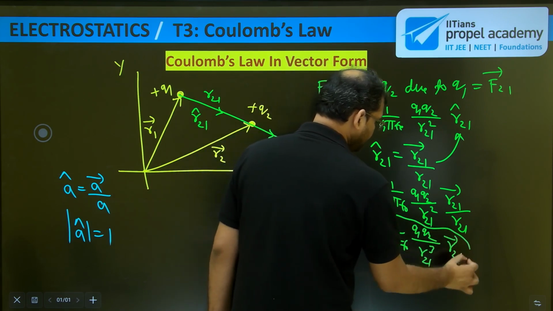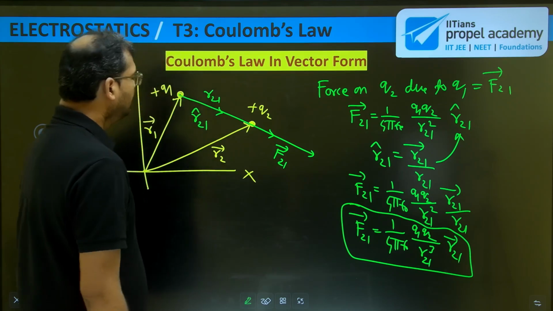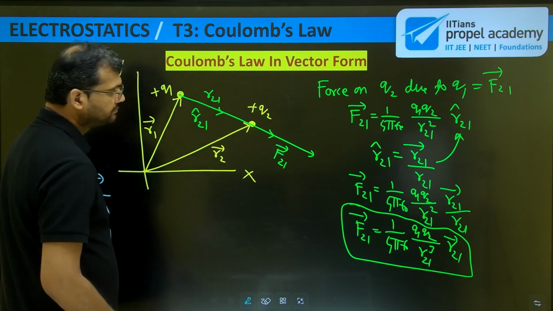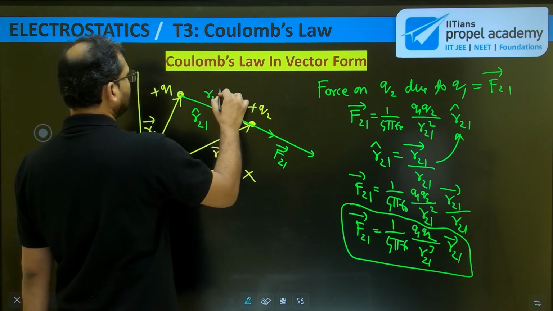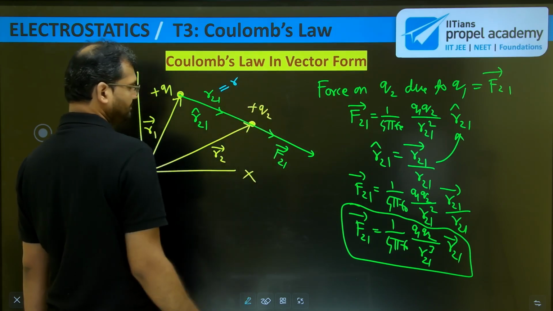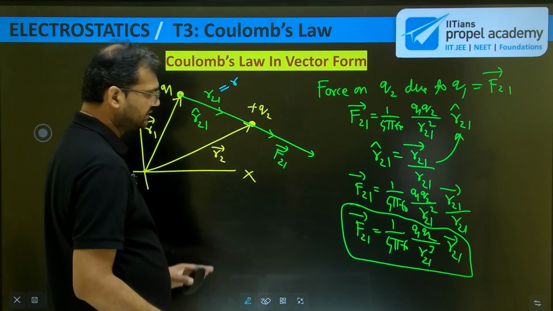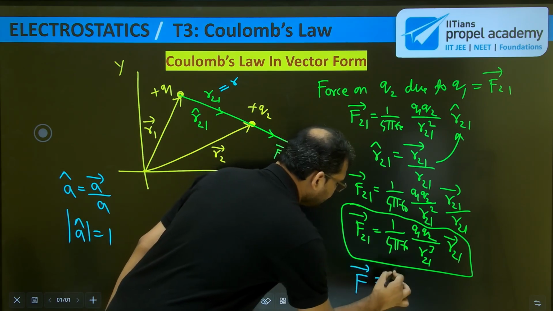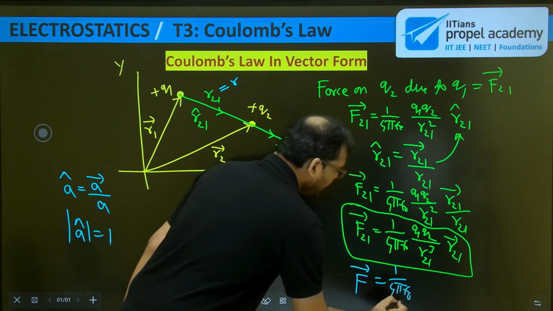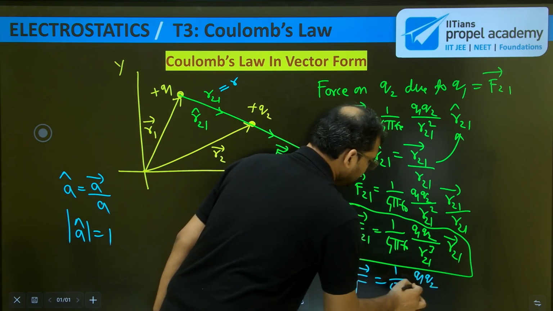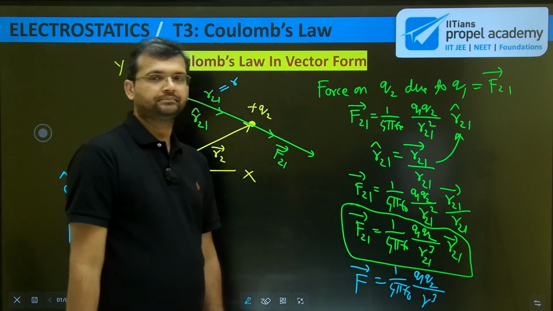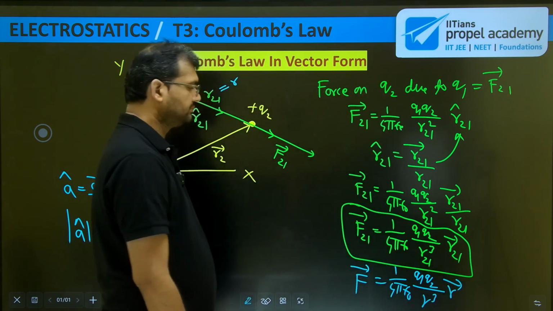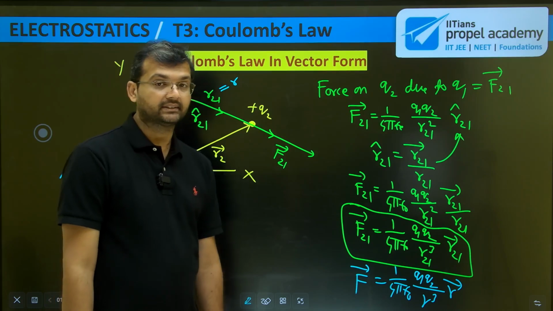So this is the vector form of Coulomb's law. If you take R21 as simply R, the distance between the two charges, you can write F bar equals 1 by 4 pi epsilon naught Q1 Q2 by R cube, and the distance vector R bar.